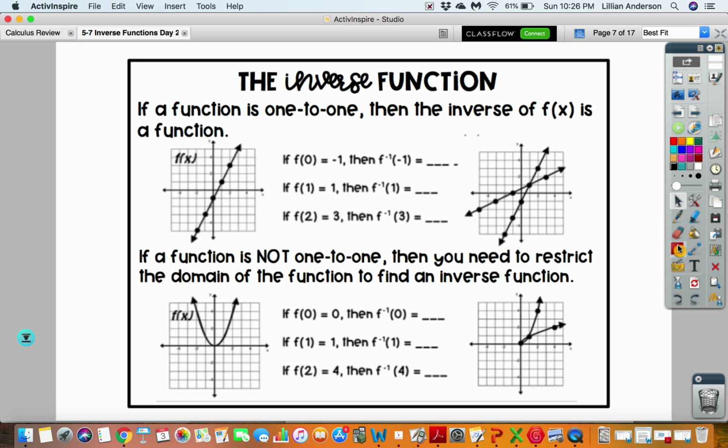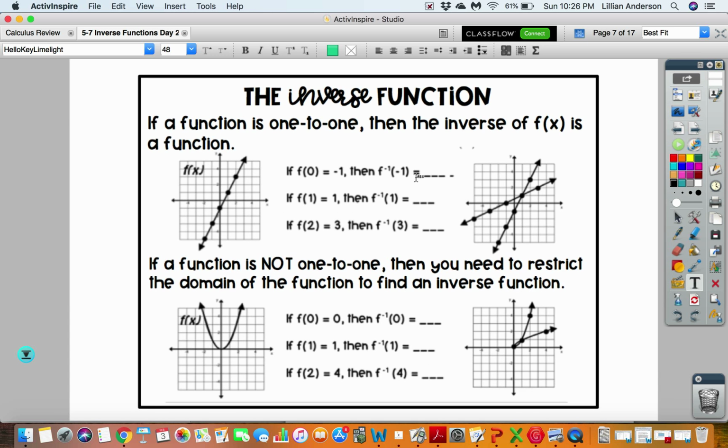Now remember, the inverse is where we take the coordinates of a function, x and y, and we switch them. So the coordinates on the original function (0, -1) are going to get switched to represent the coordinates on the inverse. If f(0) = -1 on the original, then f⁻¹(-1) = 0.